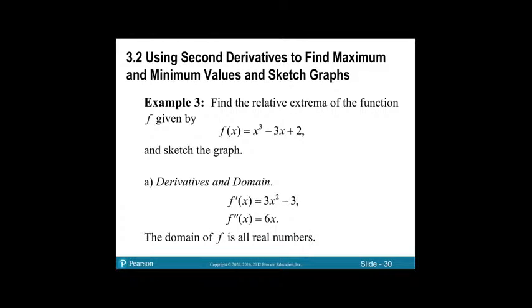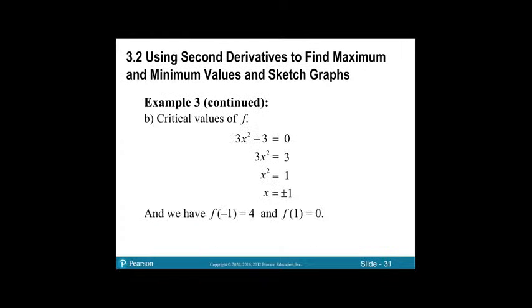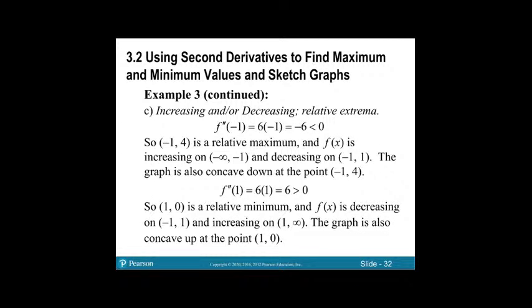Let's see. So the derivatives, I think we got those. Critical values, plus or minus 1. So 4 and 0 with the corresponding y's. First one was negative, so that was a relative max. Second was positive, so that was a relative min. The second derivative were those. Okay, so that's just kind of recapping.